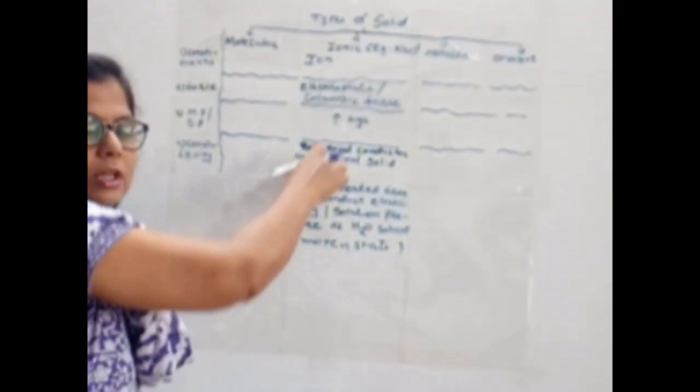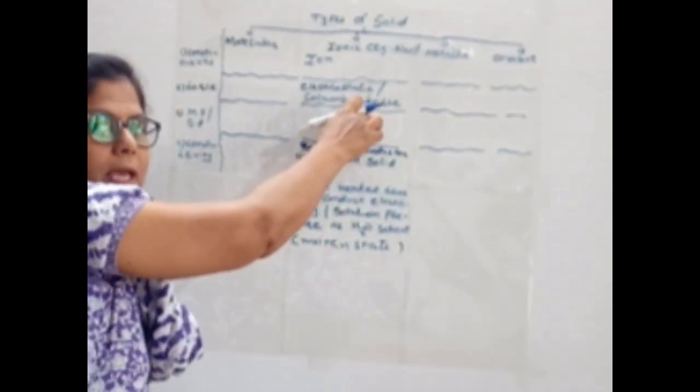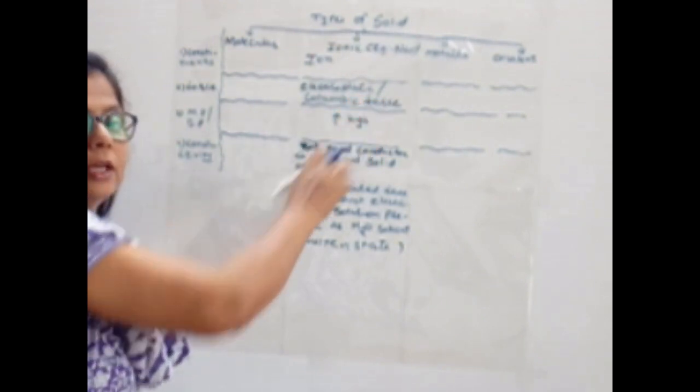Otherwise, in their original form, if we say solid NaCl or solid KCl, we have to reply that they are a poor conductor or a bad conductor of heat and electricity. But when the question has four options, one is molten state, the second is solid state, the third is vapor state, and the fourth is heated NaCl.